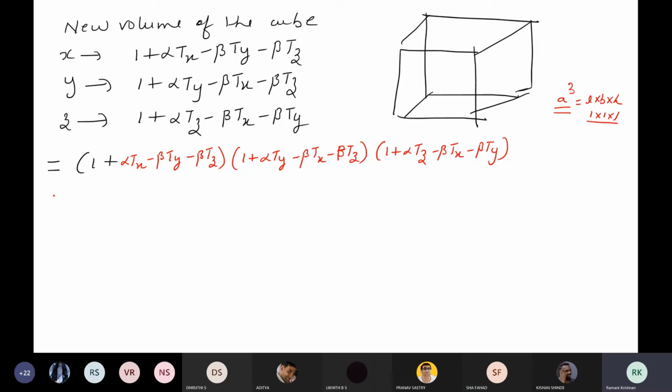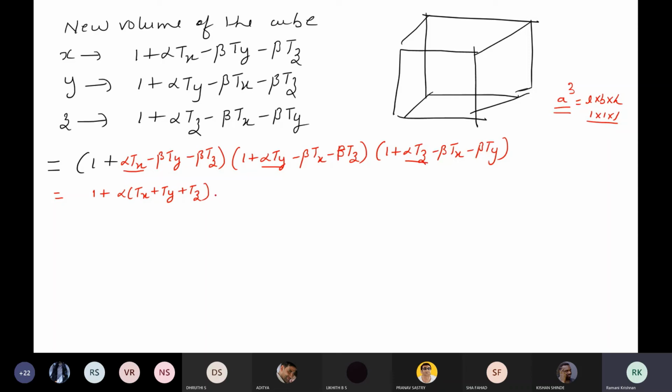Now I expand. We have to do this now. I will write 1 plus, I'll get alpha three times, so Tx plus Ty plus Tz. Can you see that? Because I have Tx here, Ty here, Tz here.